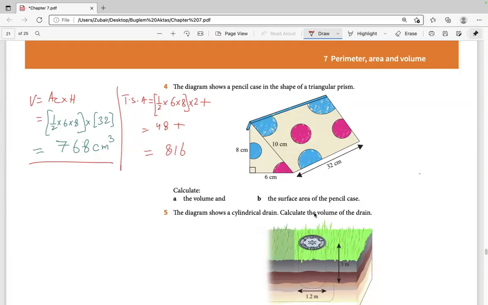So when we are talking about 5 sides, this is one side, which is 24.